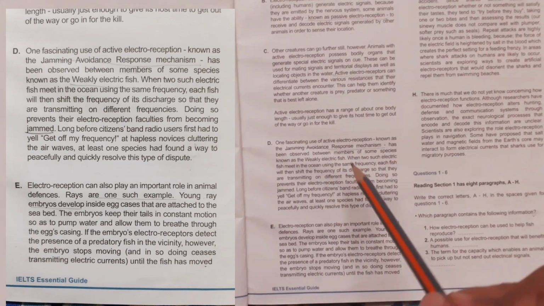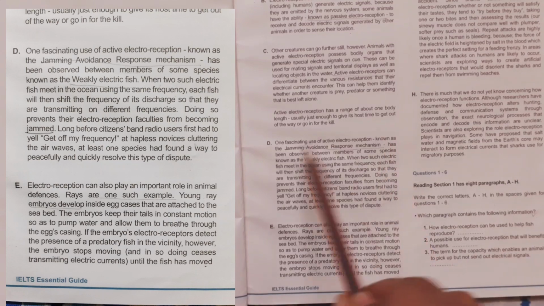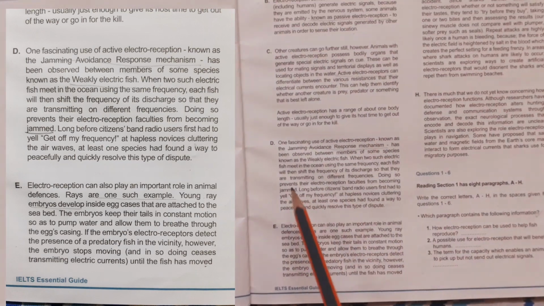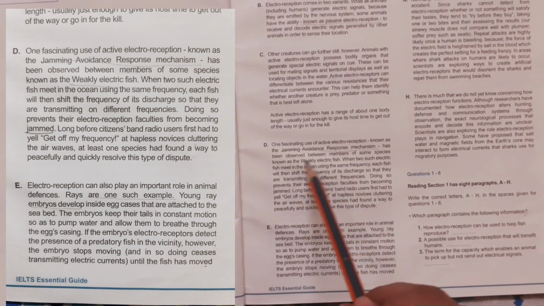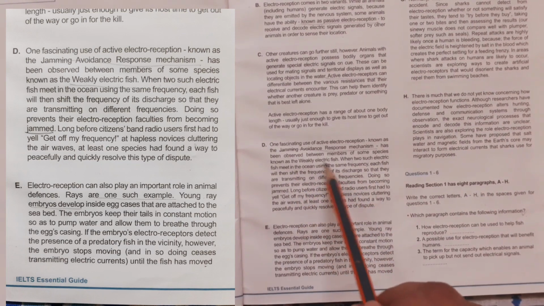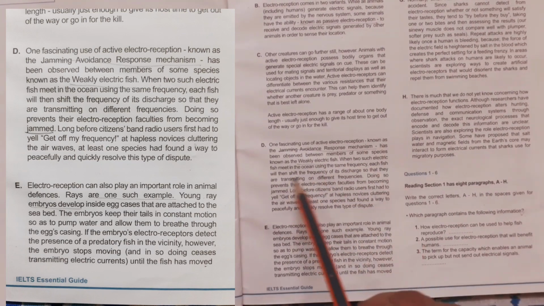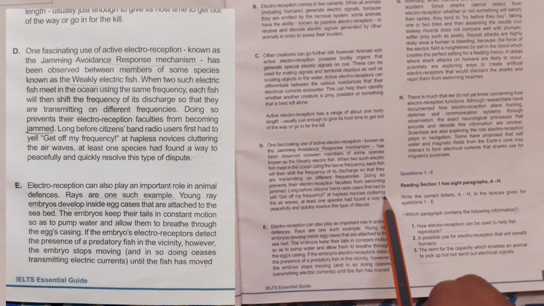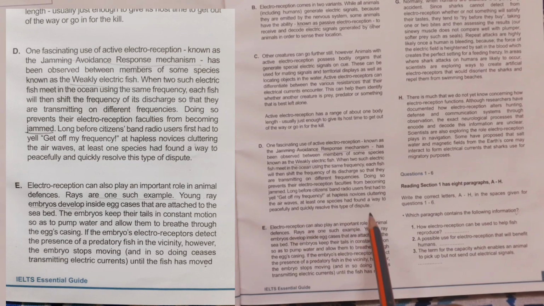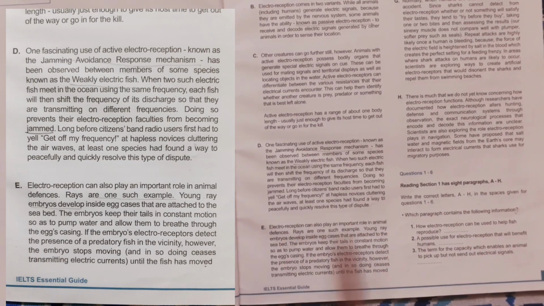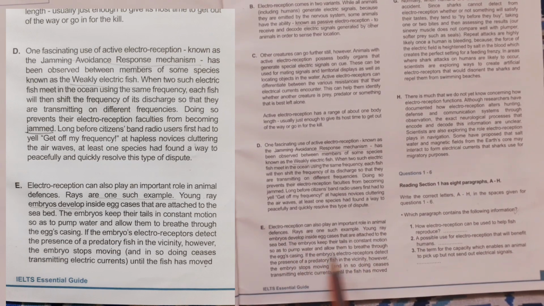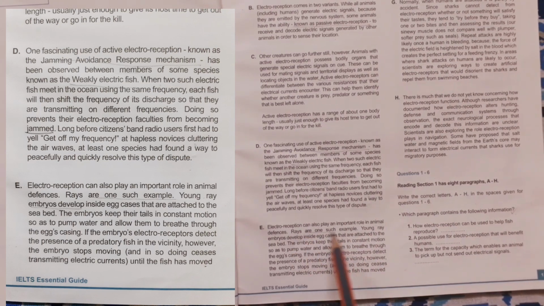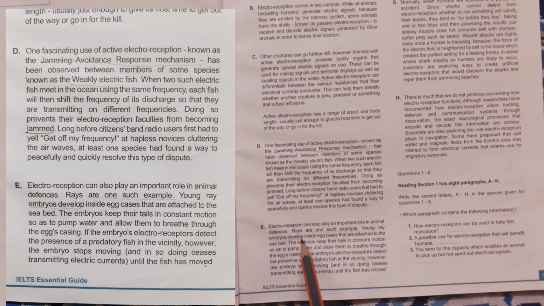Some of the words are highlighted, such as jamming avoidance response, system, passive. This type of words you should underline. Weakly electric fish. Rays are one example, and ray embryos.